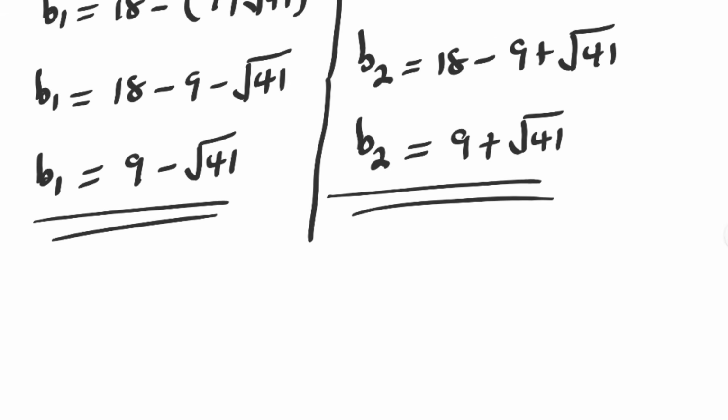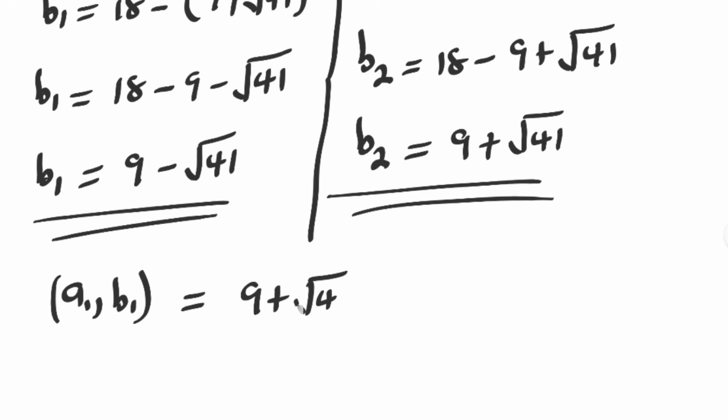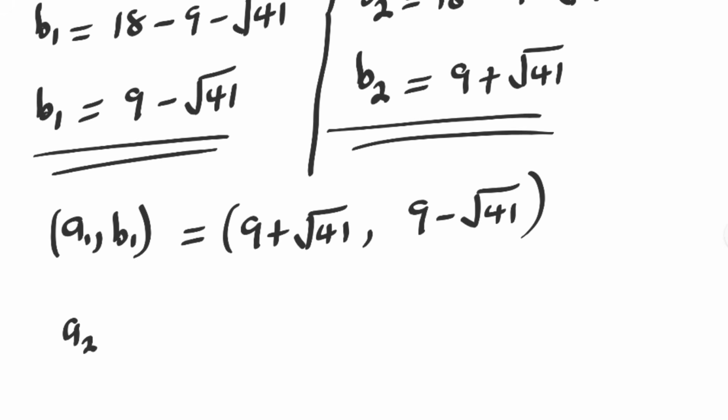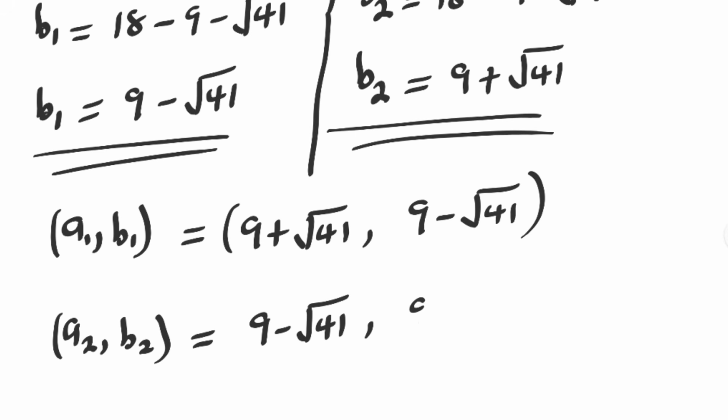Our final answer: A1, B1 is equal to 9 plus square root of 41, 9 minus square root of 41. A2, B2 is equal to 9 minus square root of 41, 9 plus square root of 41.